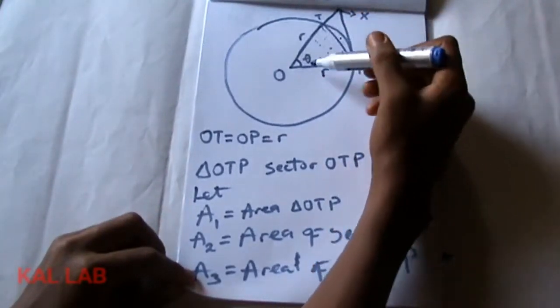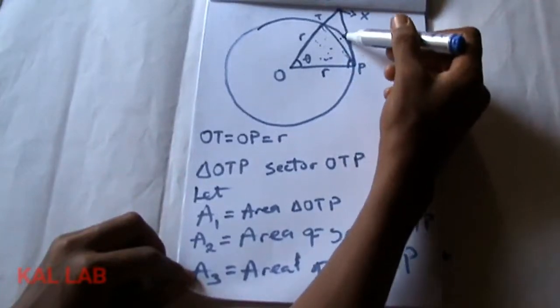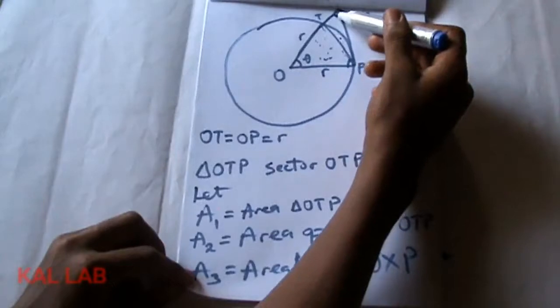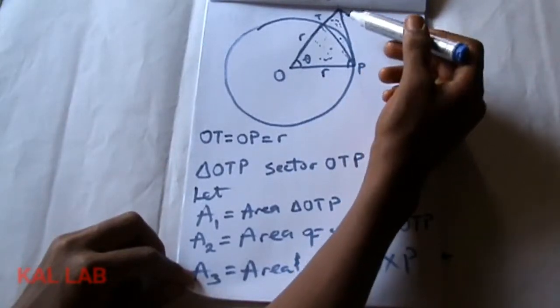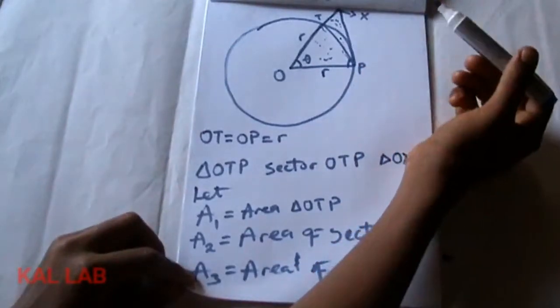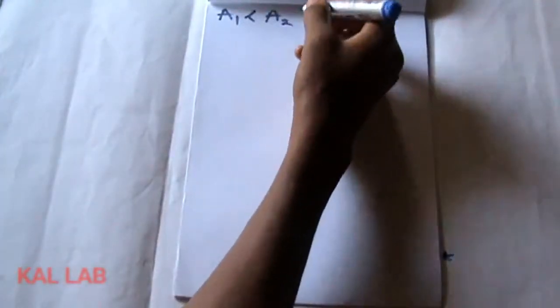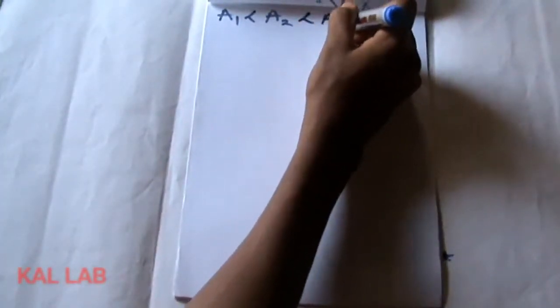A1 is only this triangle, but A2 is the triangle plus this area. And obviously A3, the area of this larger triangle, is greater than both. So we can establish that A1 is less than A2, which is less than A3.